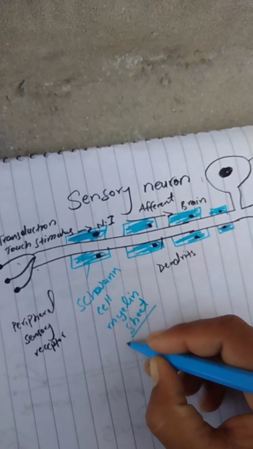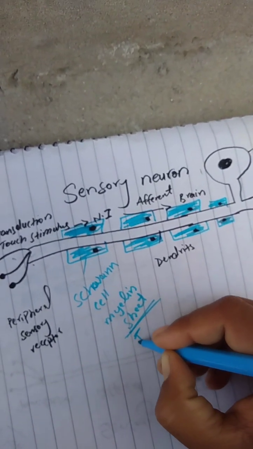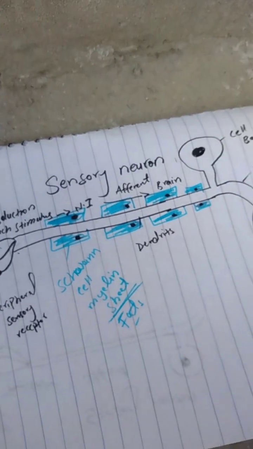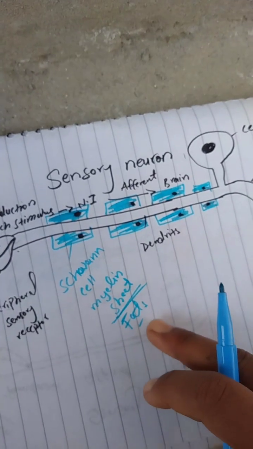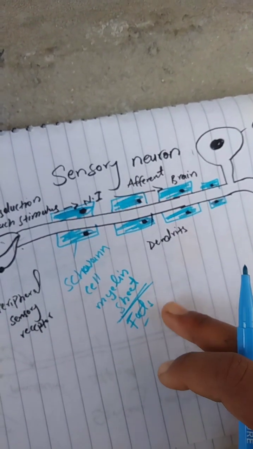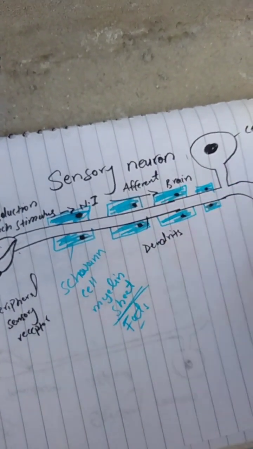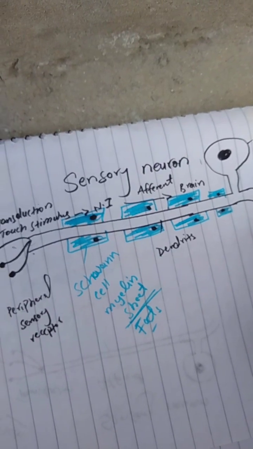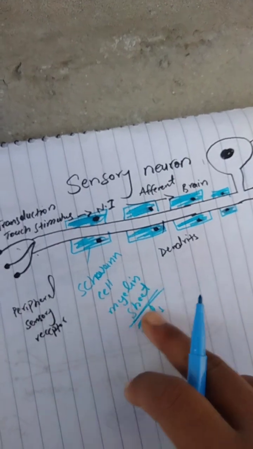So the myelin sheath is made up of secreted fats. That's why our nerve looks white, because fat is present in our nerve. Schwann cells make the myelin sheath.